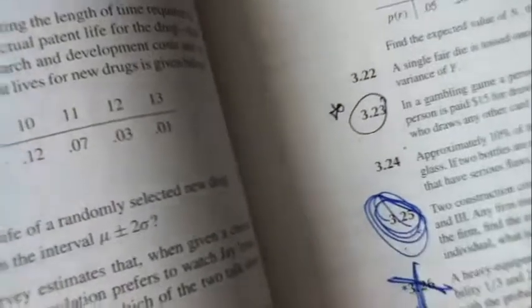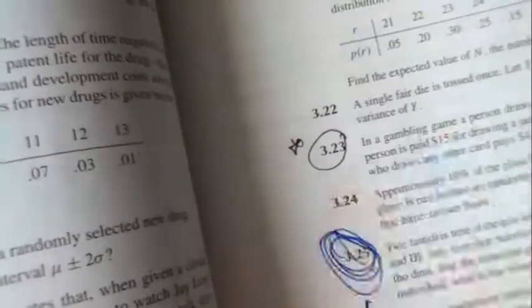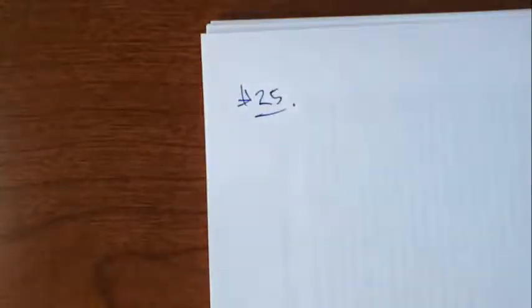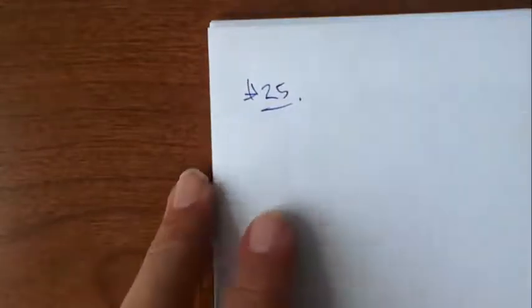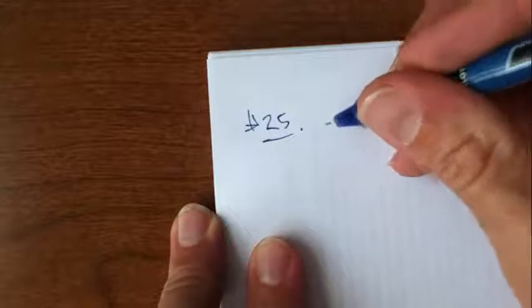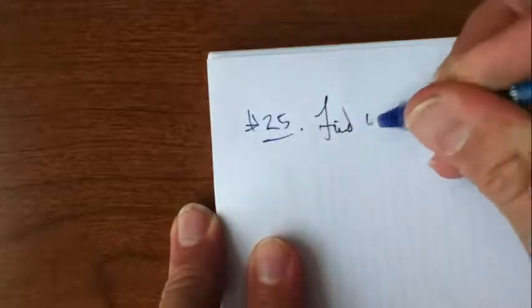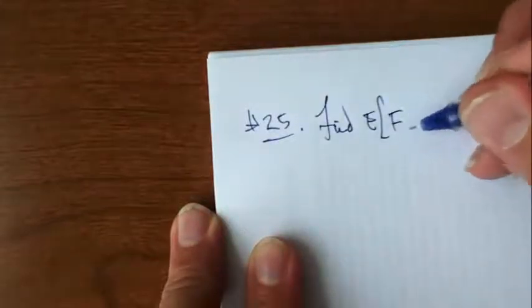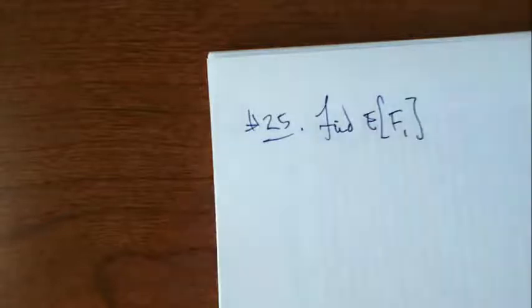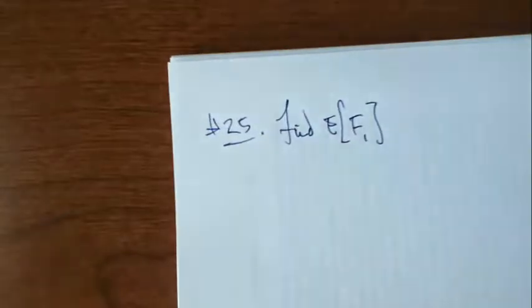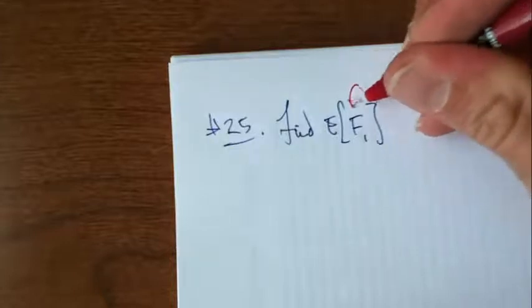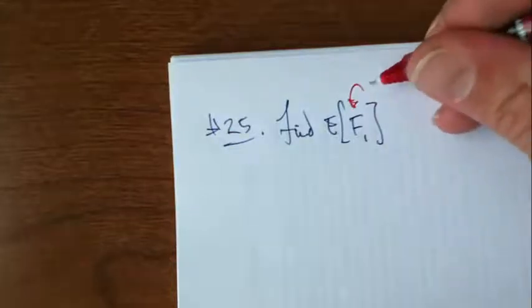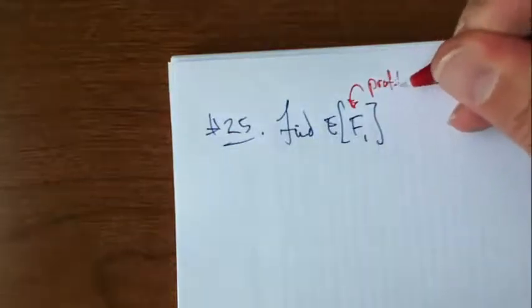The first thing to note is that it asks us to find the expected profit for firm 1. Can I just denote it like that? F1 is the random variable that represents the profit for firm number 1.